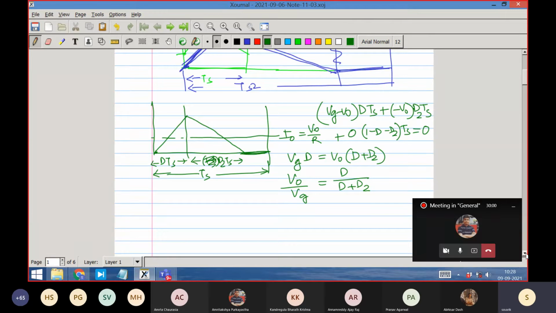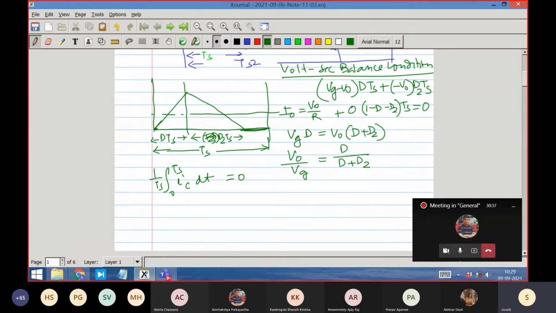So in what way can we find d2? This is the volt-second balance condition, one of the conditions. The second is the current-second balance condition for steady state analysis. Now we have to use the current-second balance condition of the capacitor. Capacitor current-second balance says that 1 by Ts integral of IC dt from 0 to Ts is equal to 0, which essentially means the average value of the inductor current is V naught by R. So what is the average value of the inductor current?